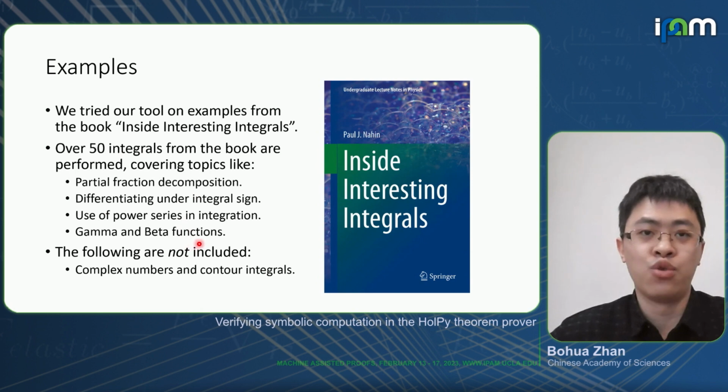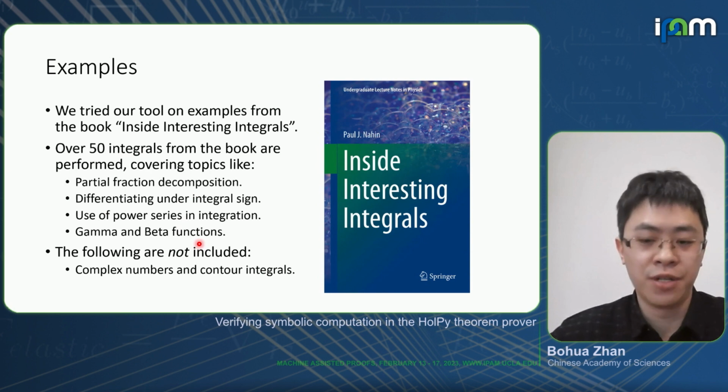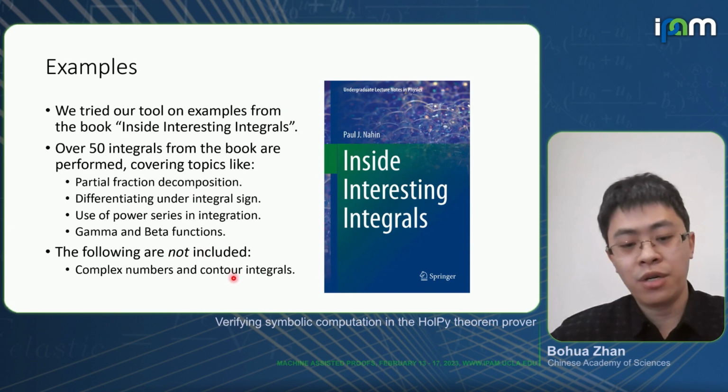And we have also gone on to derive some standard properties of special functions, such as the gamma and beta functions. So one current important limitation is that we so far do not handle complex numbers and contour integrals. So this is certainly one of the major things that we would like to add in the future.